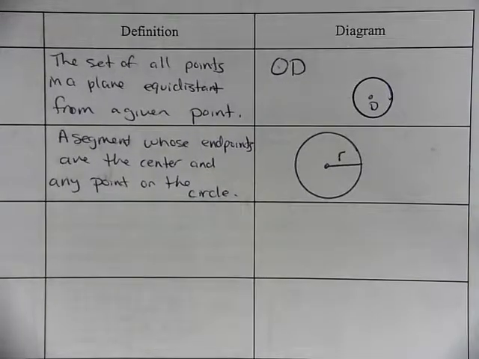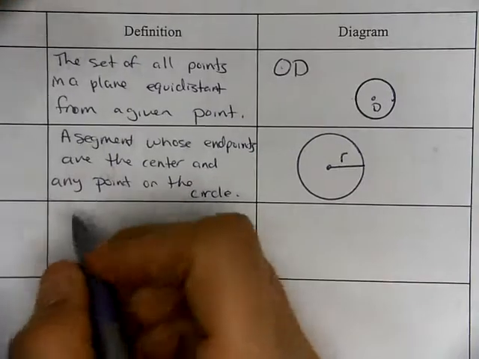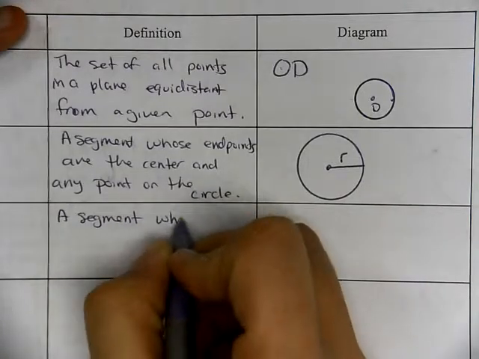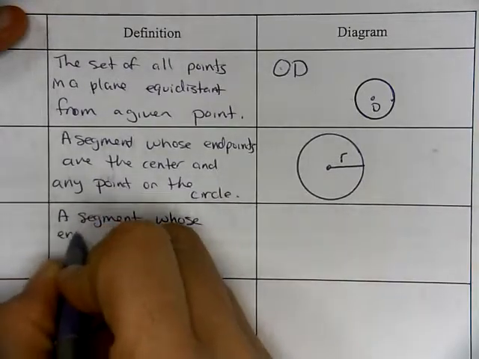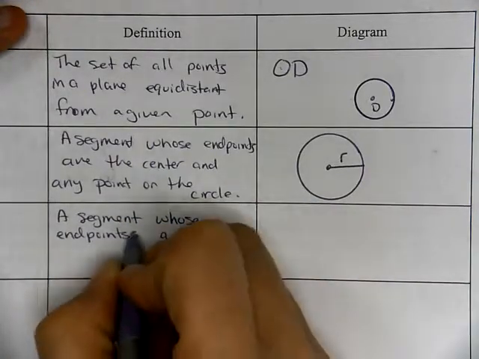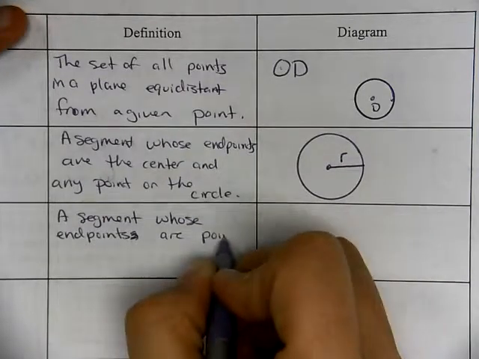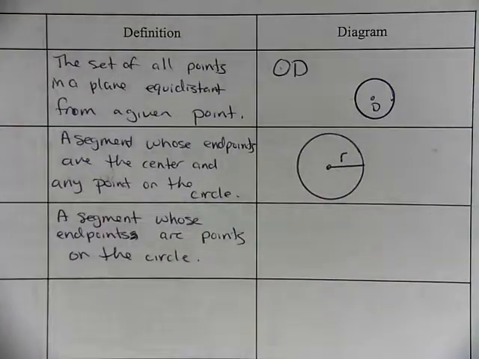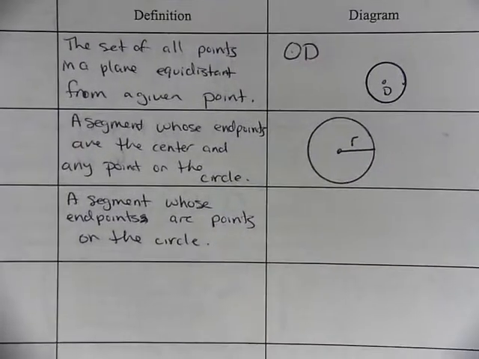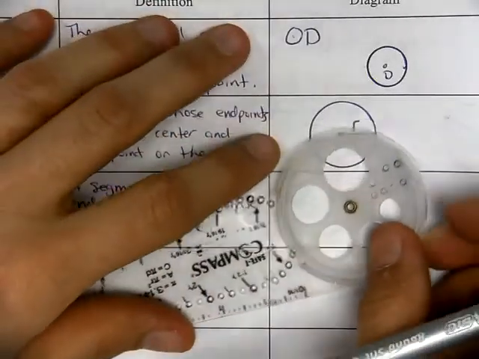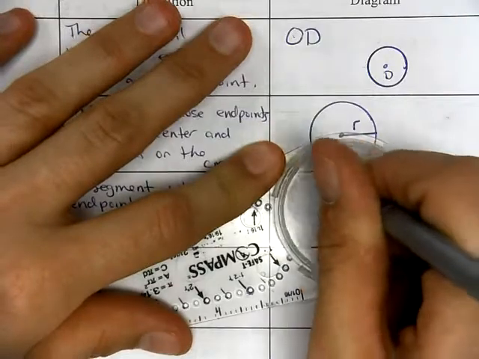Okay, the next word is chord. It's a new one. We haven't seen it before. A chord is still a segment whose endpoints are points on the circle. So a chord, the endpoints are on the circle, but they don't necessarily have to go through the center of the circle.